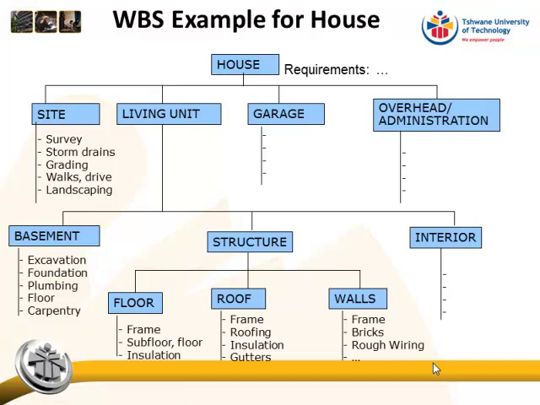Okay, so we looked at this example last time. Do you remember the example of a house where we broke it down into the site, the living unit, the garage, and the overhead administration, and then the living unit was further broken down into the basement, the structure, and the interior, and the structure was broken down into floor, roof, and walls.